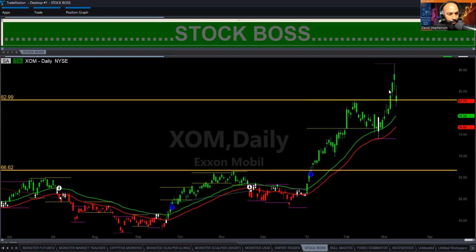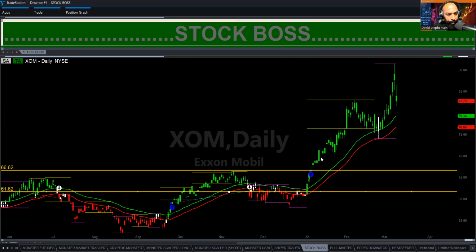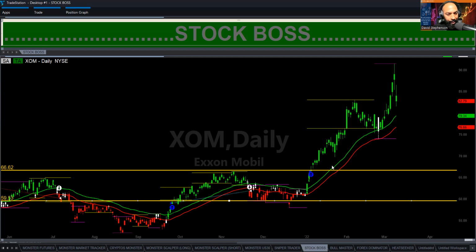I don't like this, because guess what? Now, if you had purple support and resistance down in this area here, where you're getting lower highs and lower lows near the breakout, it's not as bad. Price can still kind of get through that area.